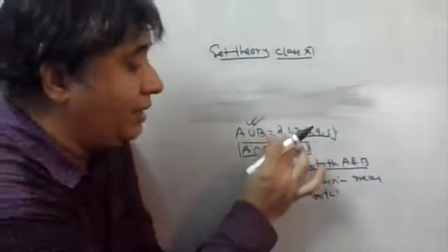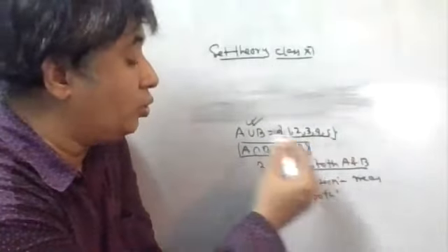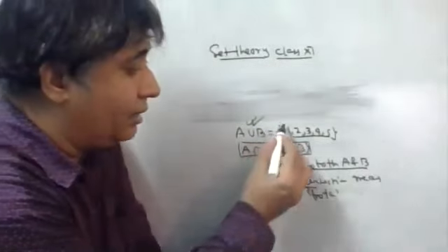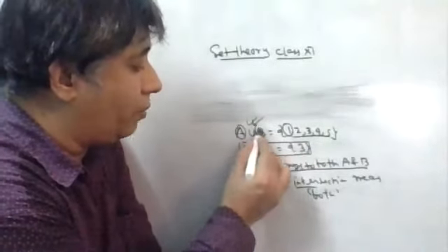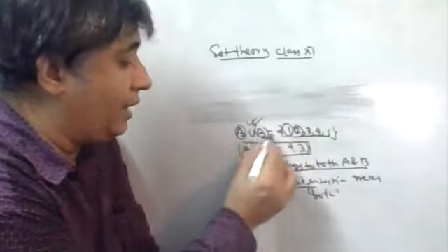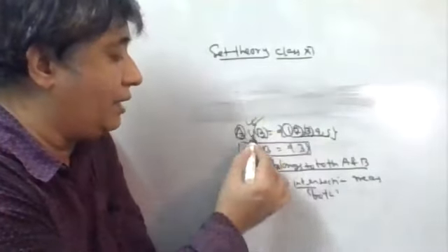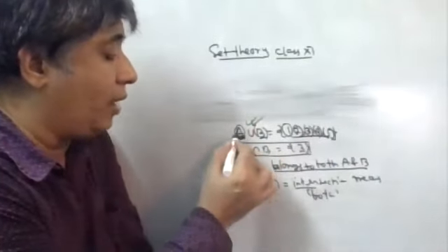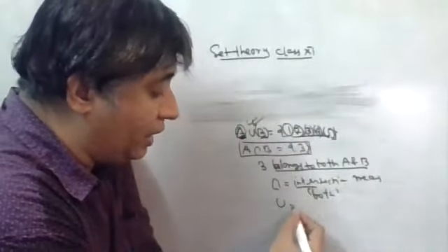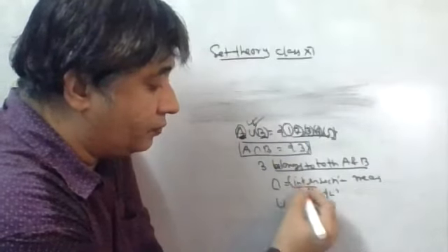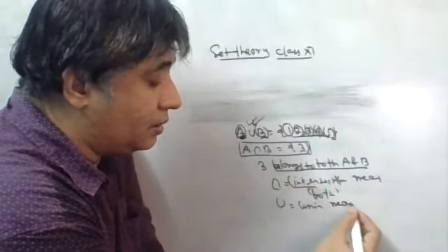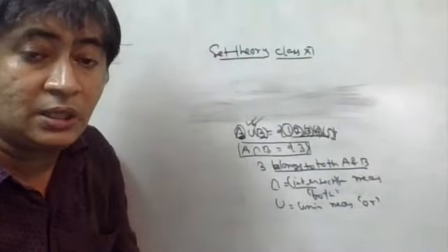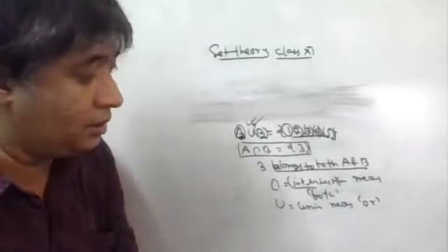But this much you can say: 1 belongs to either A or B, 2 belongs to either A or B, 3, 4 and 5 each belong to either A or B. That means union means the or condition.